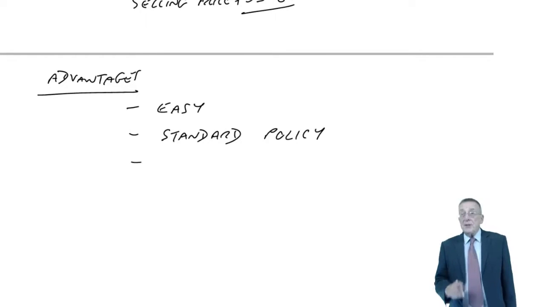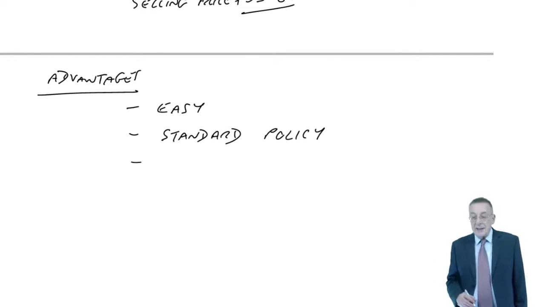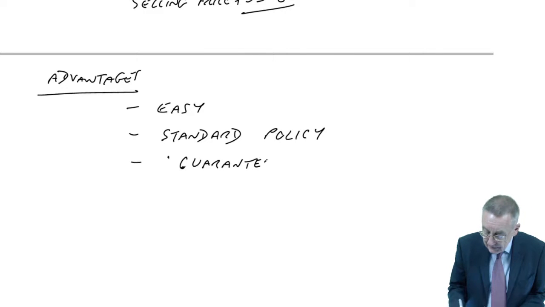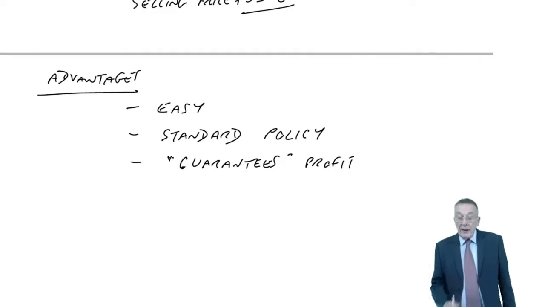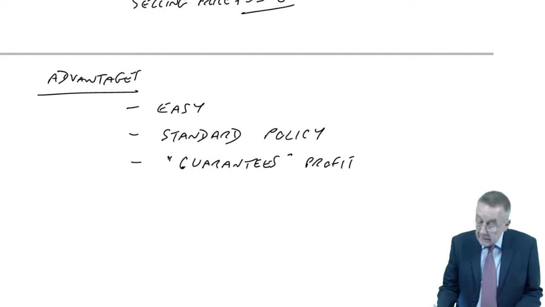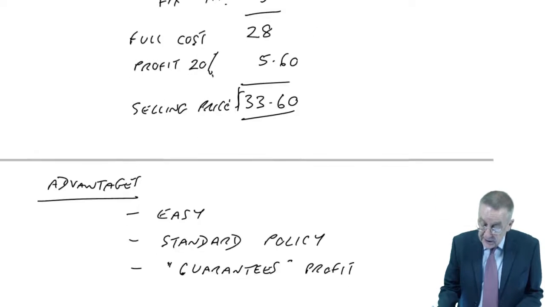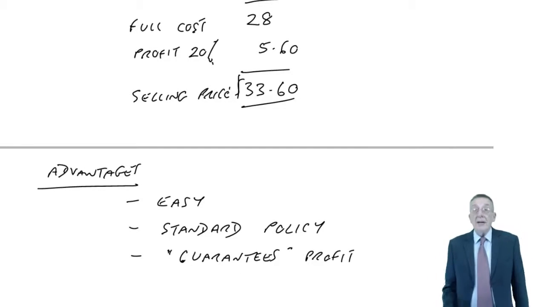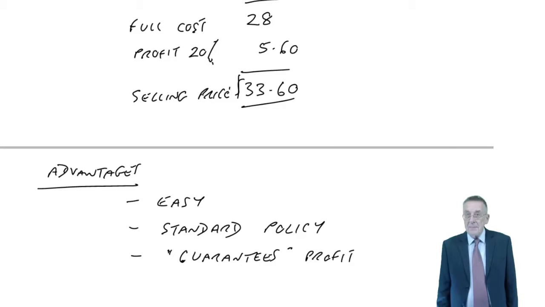And of course, subject to something I'll say later, it does guarantee a profit. I need to qualify that a little bit shortly, but fairly obviously, if this product is costing us 28 and we're selling at 33.60, then clearly there's going to be a profit.